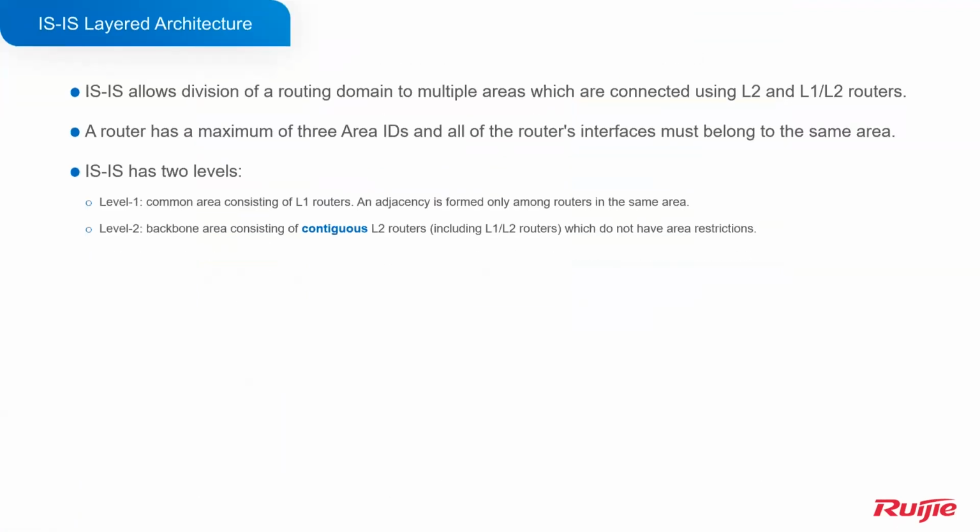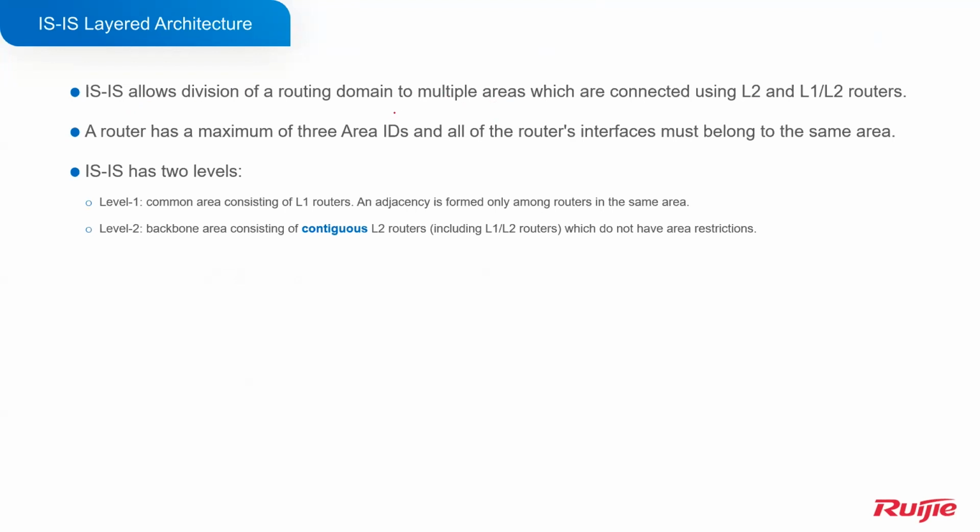And ISIS also can be divided into multiple areas, right? And in these areas, we will have two types. One is the backbone area, and another one is the non-backbone area.